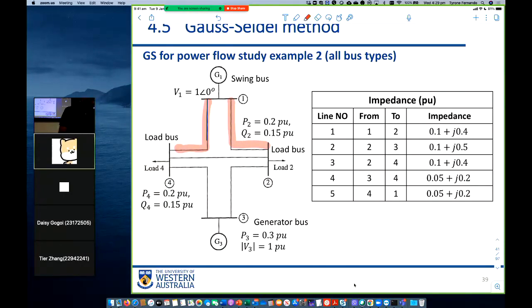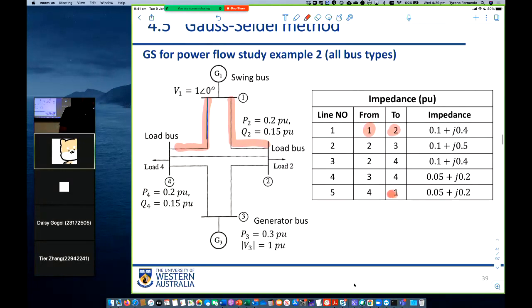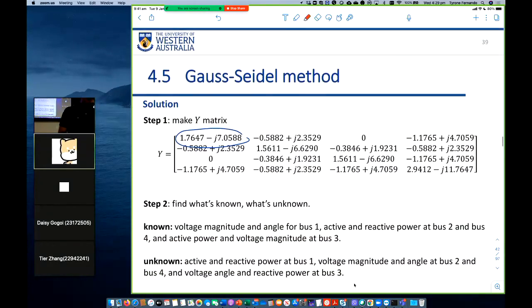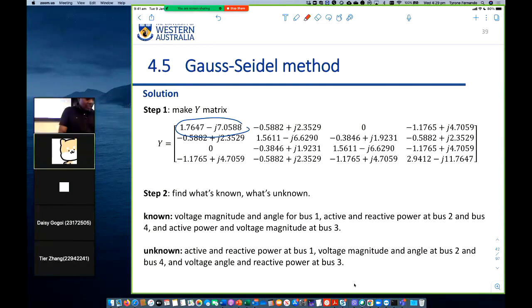So we're looking at the line from 1 to 2, and also the line from 4 to 1, or 1 to 4, same thing. We need to take each of those impedance values, invert each of them, and add them. If you invert each of those impedances and add them, you will end up with this value here.